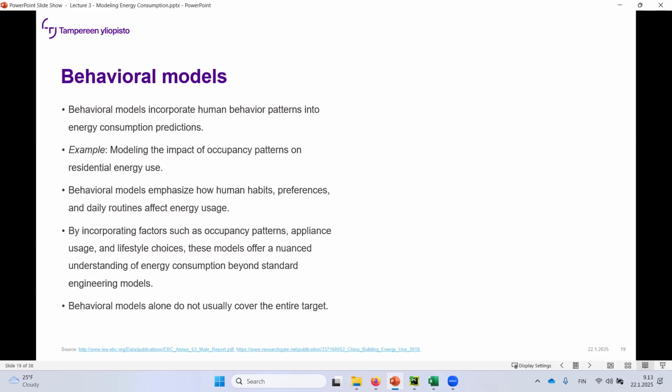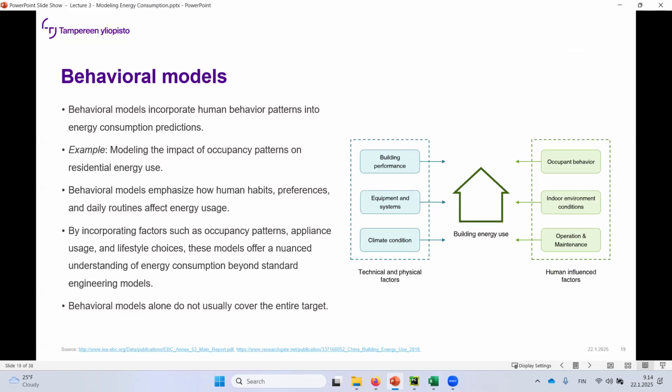So they usually do not cover the entire target. You only have, for example, the household appliance usage, but you don't have the heating. So you have to incorporate that as a physical model in there. So in here, for example, with building energy use, this occupant behavior is just one factor affecting this.